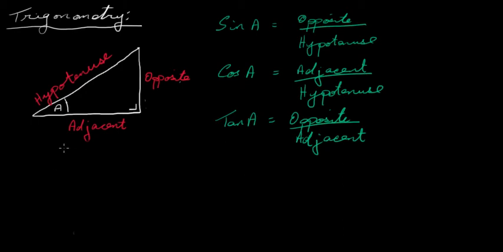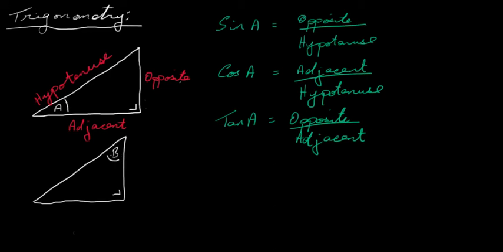Now, we spoke about this angle here, and we called it A. But what about this other angle, if we wanted to look at the sine, cos, and tan of it? Well, you could draw the same triangle again, with the right angle here, and we'll call this angle up here B. Let's define our sides first.